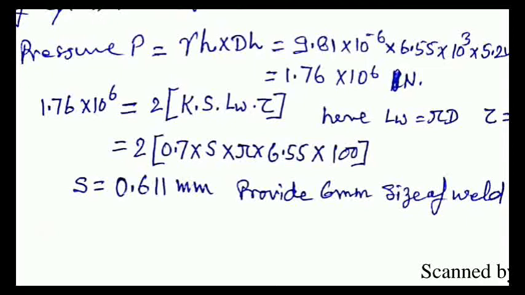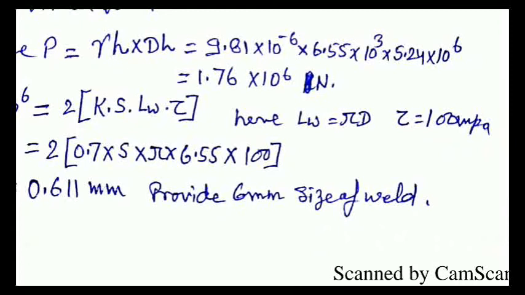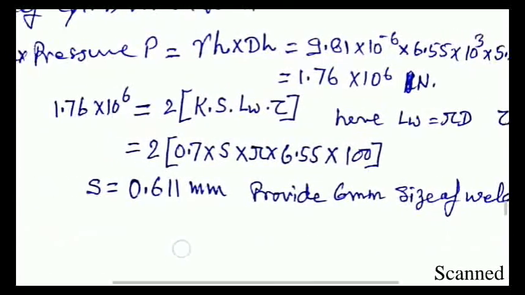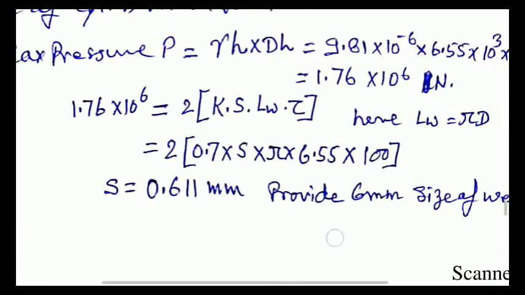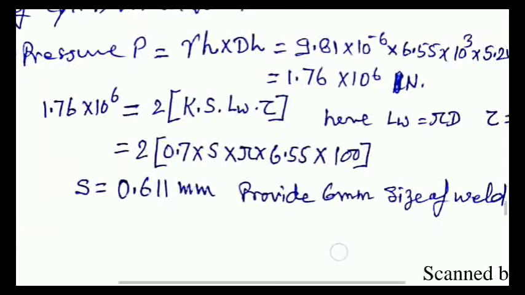So this total force is handled by the cylindrical joint. So this total pressure should be equal to two times, not two times, K into S into LW into tau.